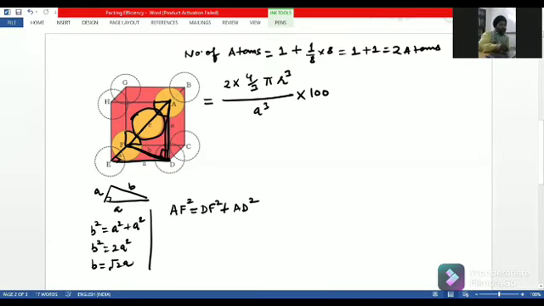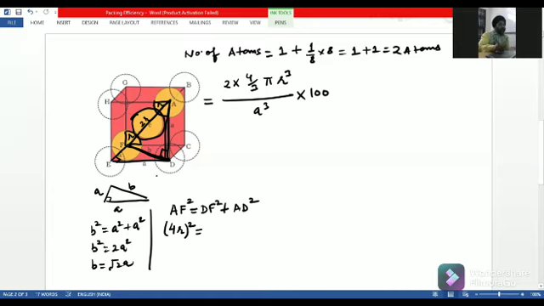Now if you see AF, it is made up of the radius of this one atom, the diameter of the center atom, and a radius. So you can say that AF is equal to 4r. So here we can write it as (4r) whole square.